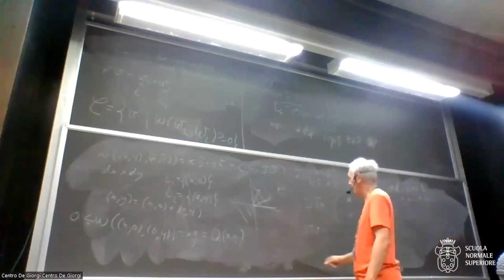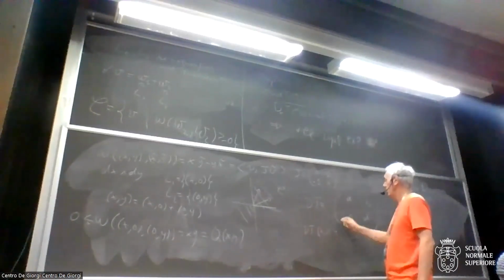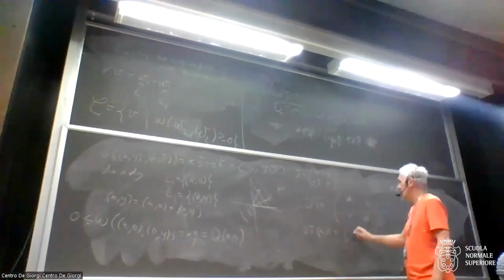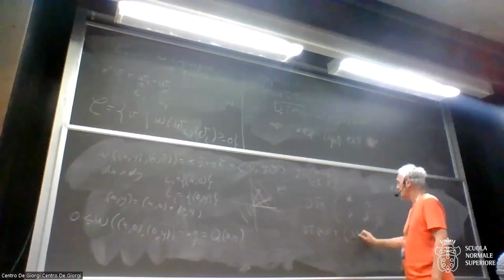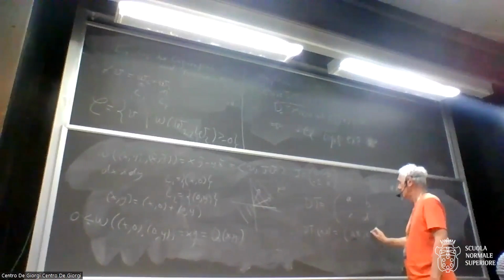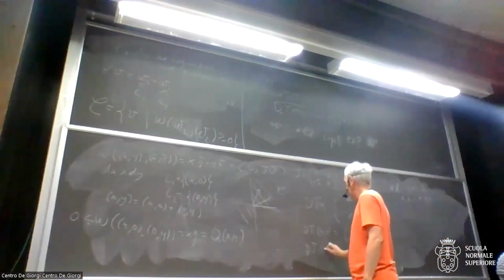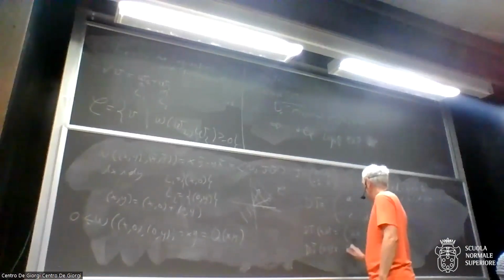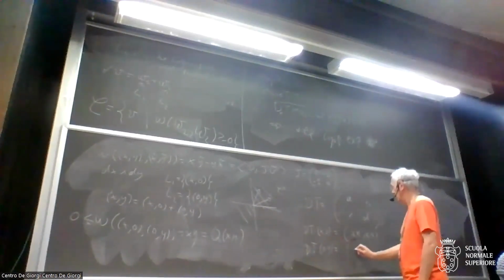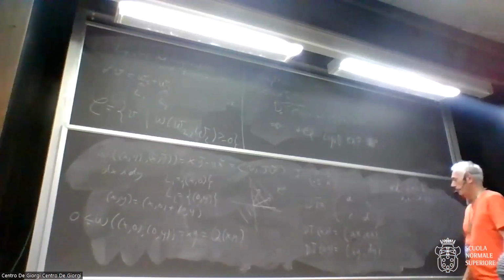For example, let's take this vector, (x, 0). What it is going to be is (ax, cx). And the vector (0, y) is going to be equal to (by, dy).